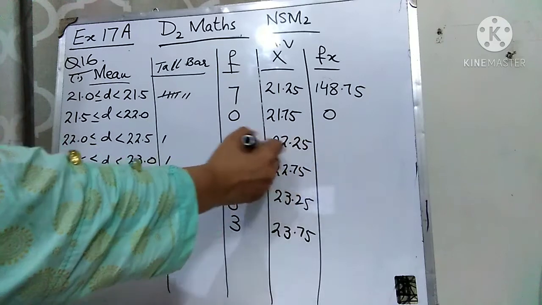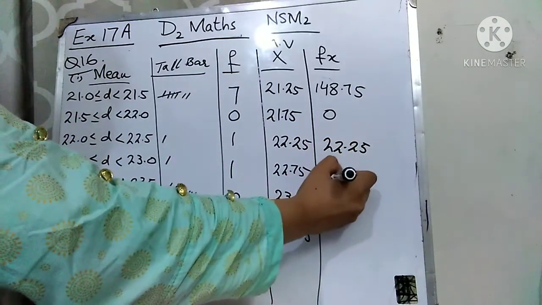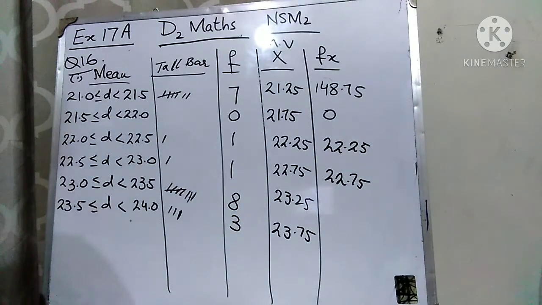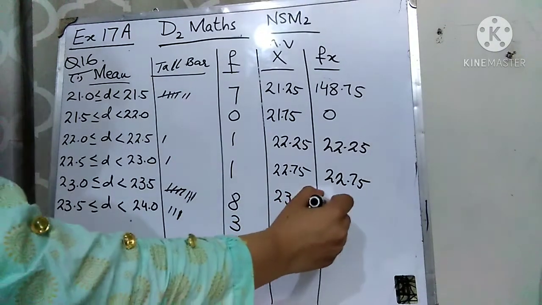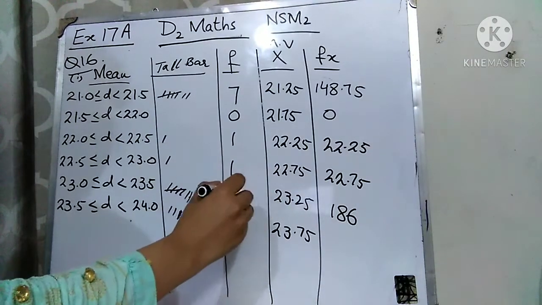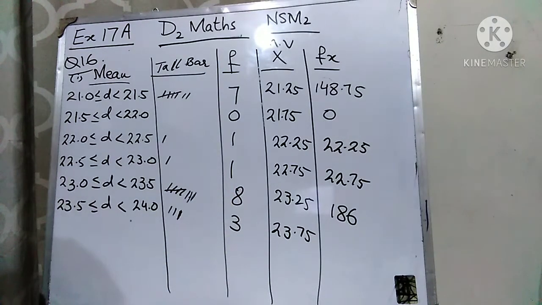And 22.25 ones are 22.25. And 22.75 ones are 22.75. And 23.25 times 8 is 186. This 8 is with this value. Okay, now multiply 3 with 23.75.